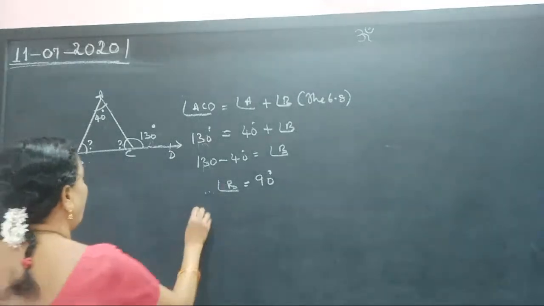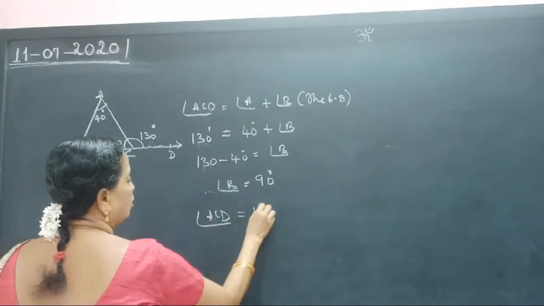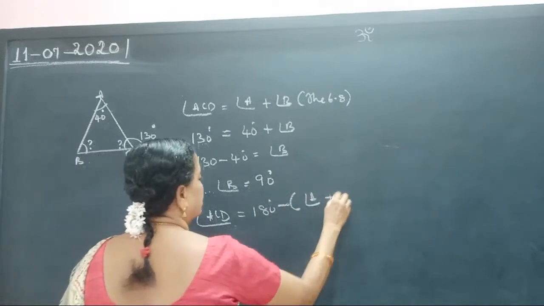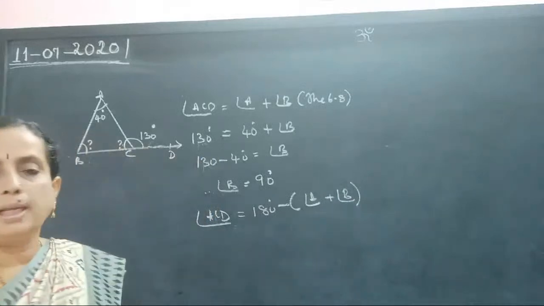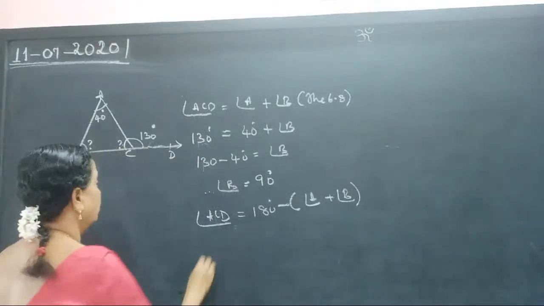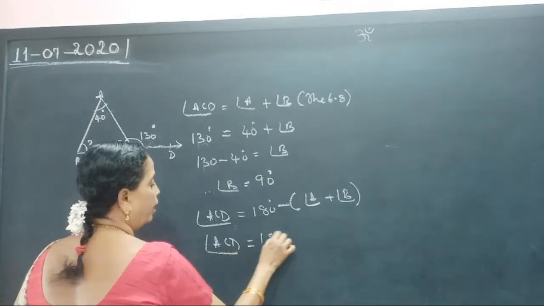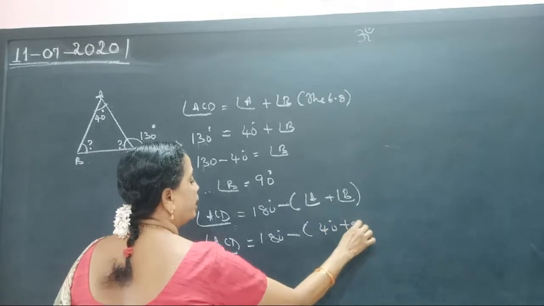So having got B, you can find out angle ACD either using the angle sum property or linear pair angles. That is, angle ACD equals 180 degree minus (angle A plus angle B), or you can apply linear pair angles. Therefore, angle ACD equals 180 degree minus (40 degree plus 90 degree).